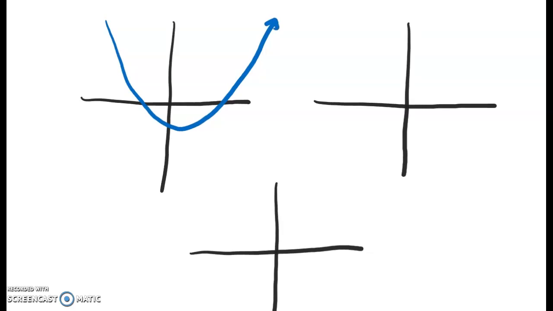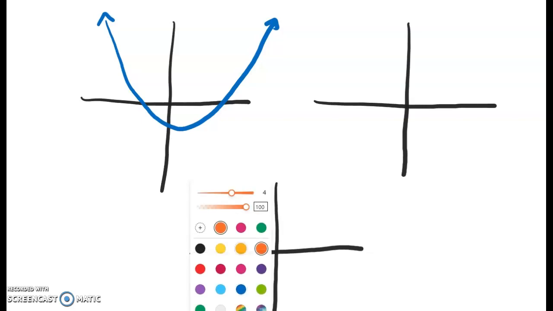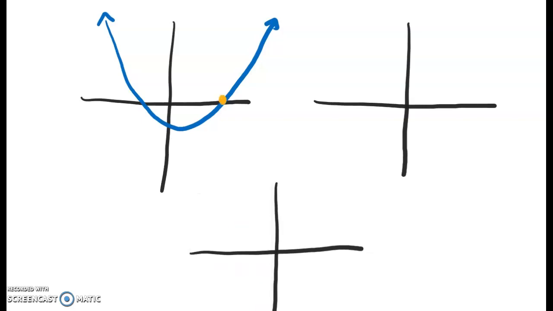We're just going to put some on here that open up. I could have a parabola that looks like this and crosses the x-axis in 2 spots. These intercepts are called the x-intercepts, or they're the roots, another word, or the zeros. These all mean the same thing.